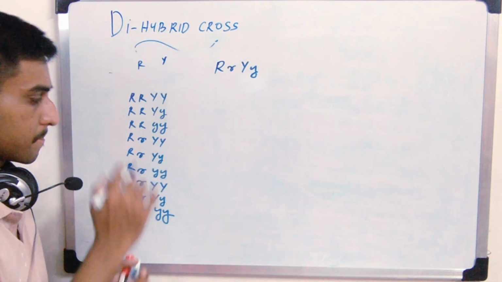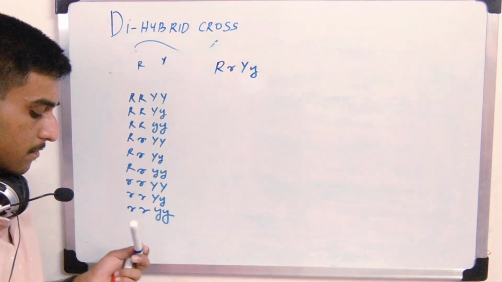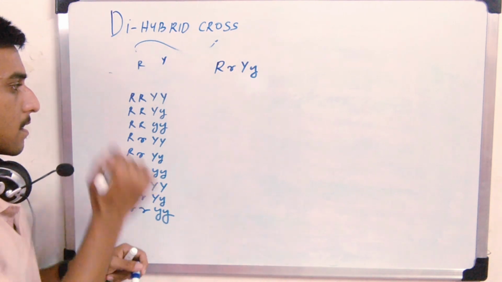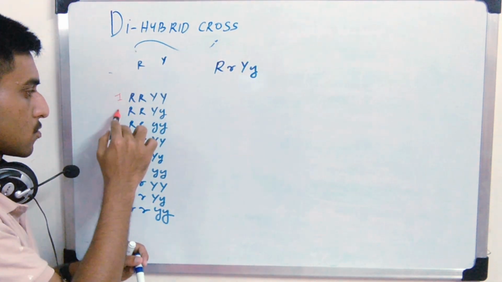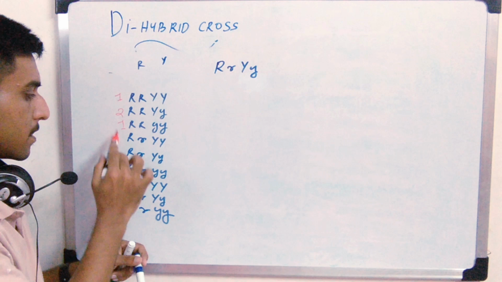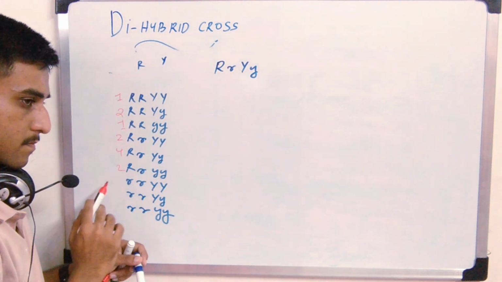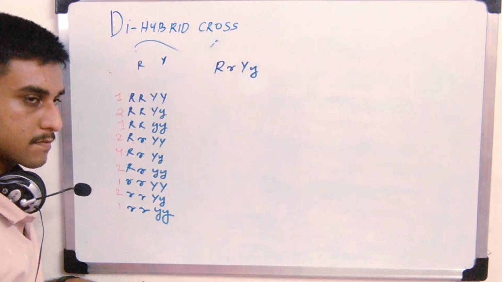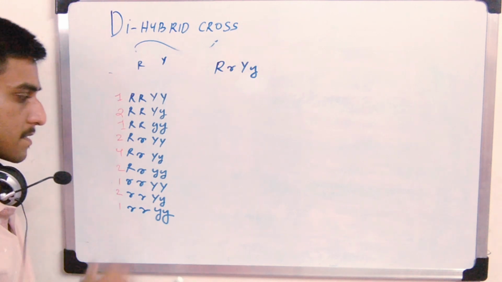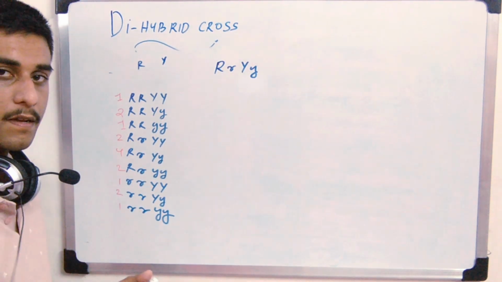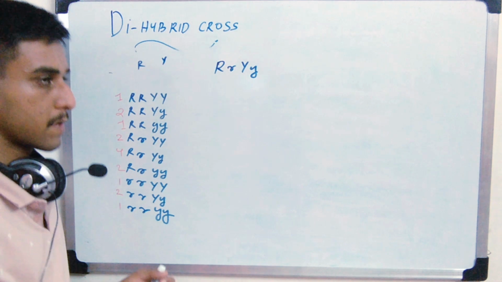Okay, now we need to write the numbers as 1:2:1. Then for the double, 2:4:2. Then the single, 1:2:1. This is the shortcut method to write the genotypic and phenotypic ratio.